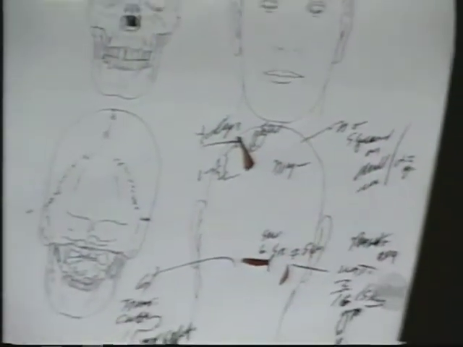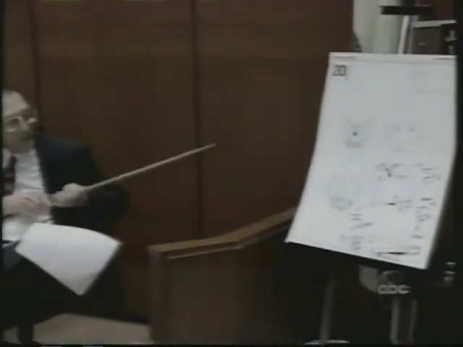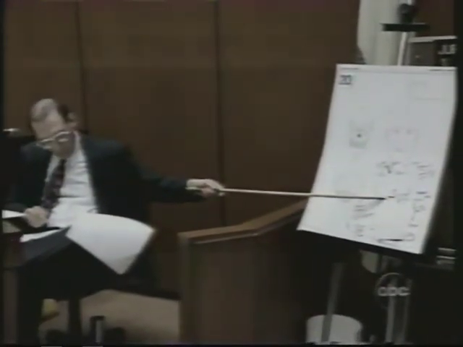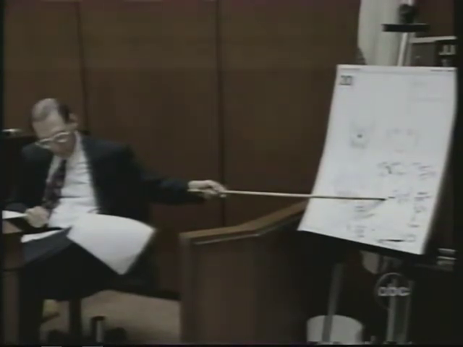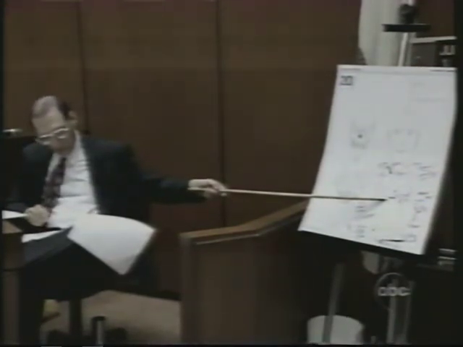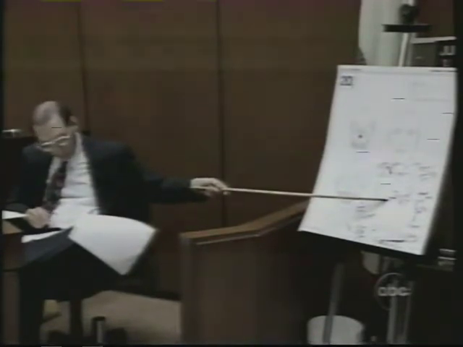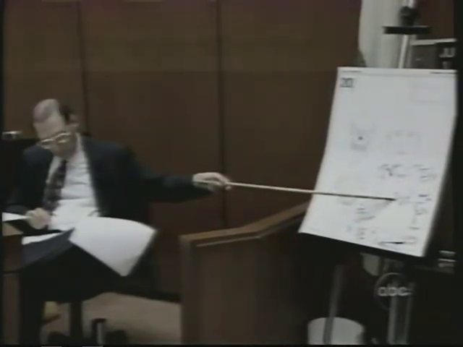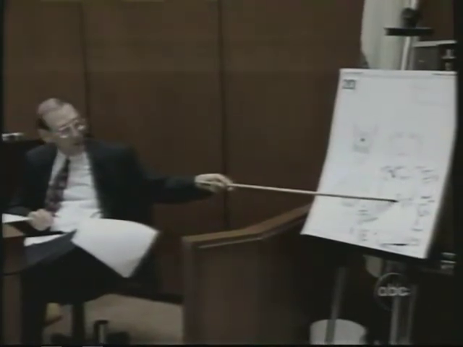Now, Dr. Golden, there were 2 other wounds that you observed with regard to Nicole Brown Simpson's scalp. Is that correct? Yes. Okay. There was a cutting wound or stab wound, superficially, right in the posterior parietal occipital, in other words, lower down here on the right side of the lower scalp.